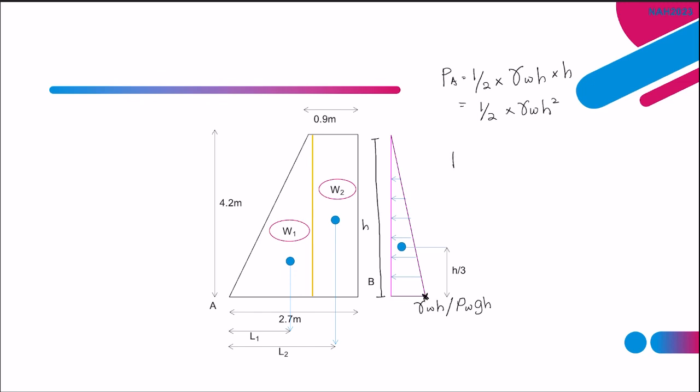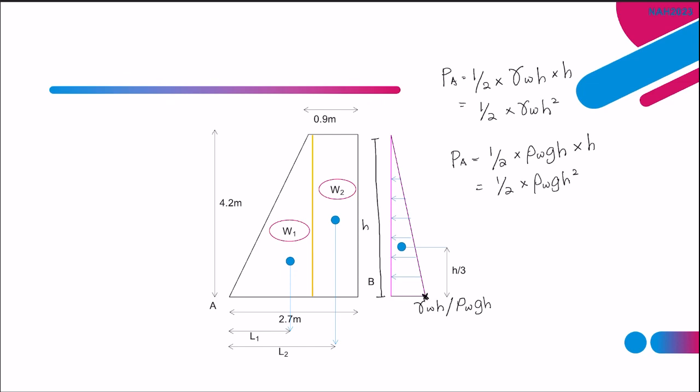Or, if you use the density instead, half times density of water times G times H, multiplied again by H, right? Because we are calculating the area. Therefore, it becomes half times density of water G H power of 2. Depends on which one you're going to use.